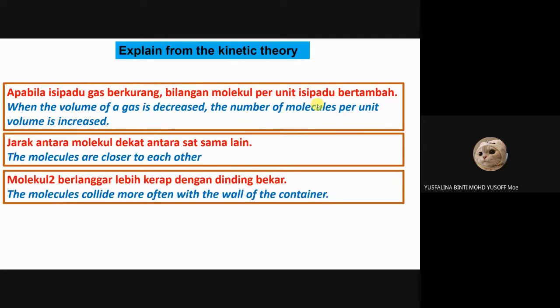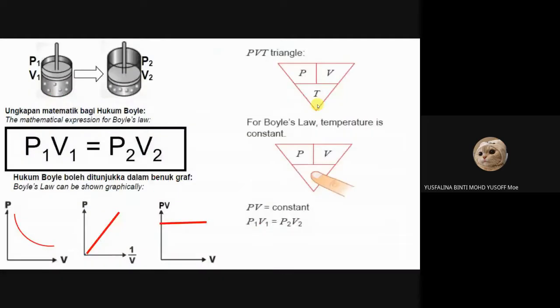We already did this one. So this is the formula. From here, P is inversely proportional to V, then I change it to PV equals K. This one is for one container. If I compare two, it becomes P1 V1 equals P2 V2.